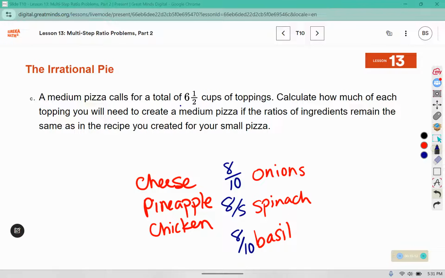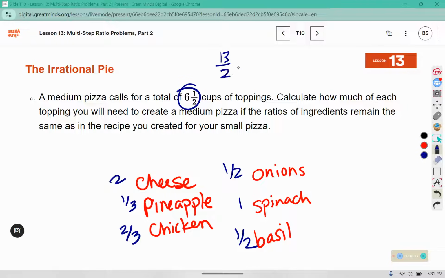I had 2 cups, a third of a cup, 2/3 of a cup, a half of a cup, 1 cup, and a half a cup. 6.5 would be 6 times 2 is 12, plus 1 more is 13/2.